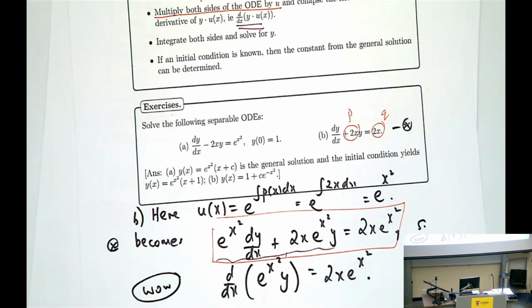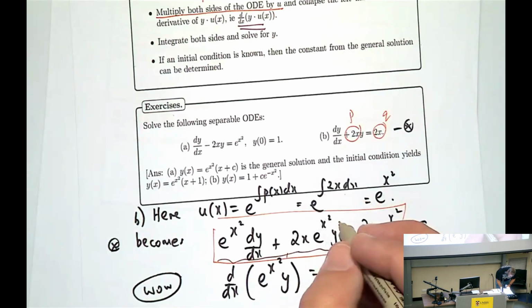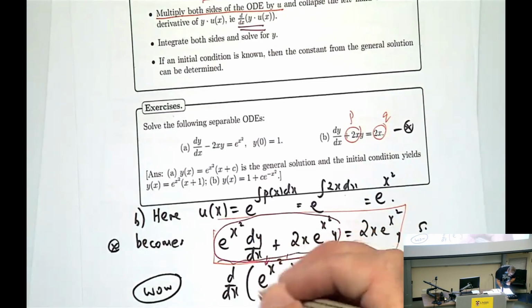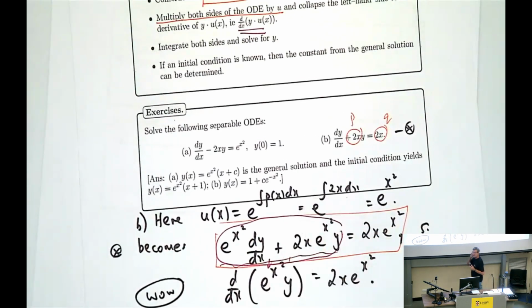What I'm trying to say here is that we've forced that equation, through multiplication, to have a left-hand side that is the derivative of a product. So that is the derivative of this special product.